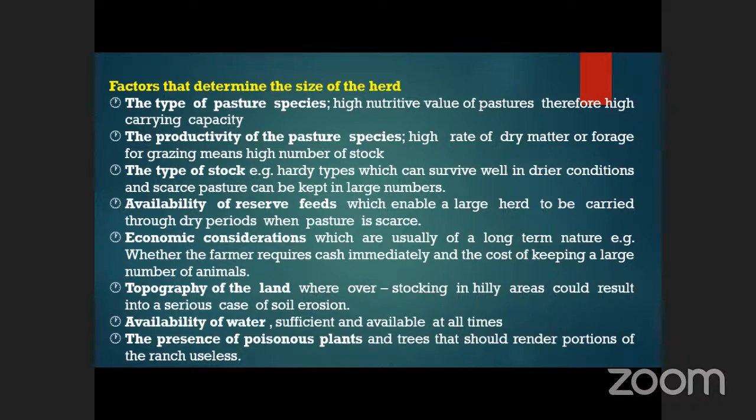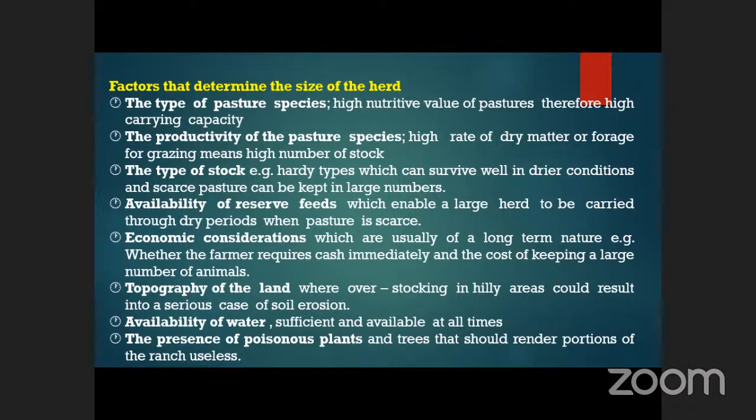The other point, productivity of the pasture. High rate of dry matter or forage for grazing means high number of stock. Forage are the parts that the animal feeds on, the leaves, the stems, okay? That is forage. And dry matter is just the same.